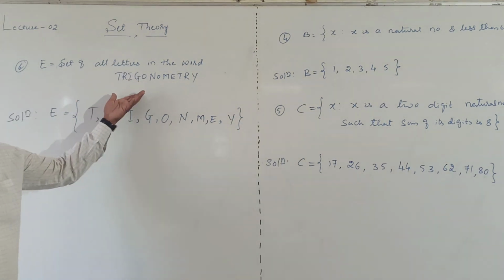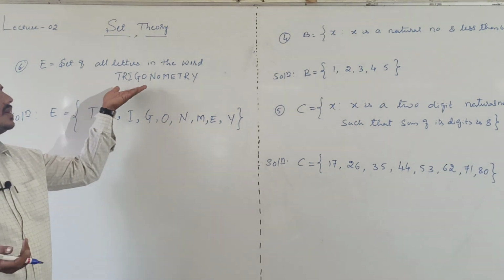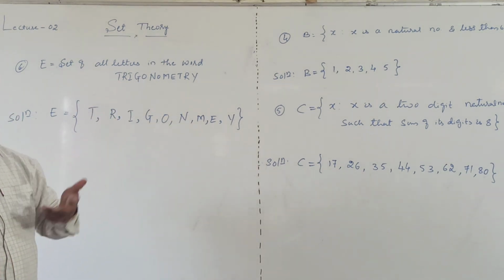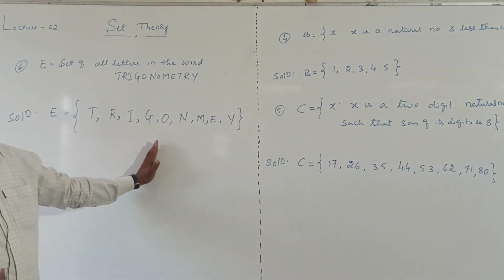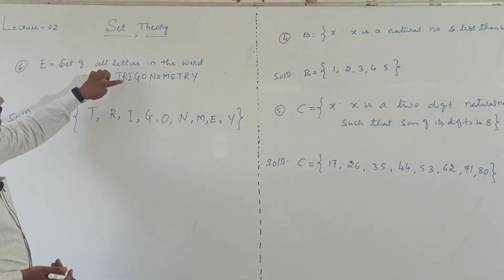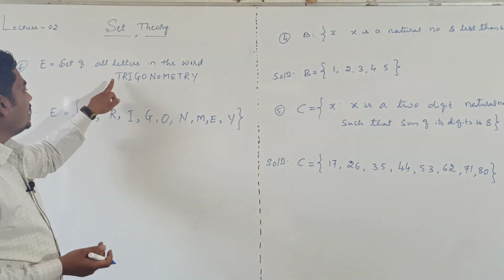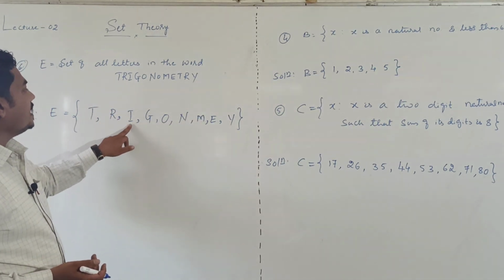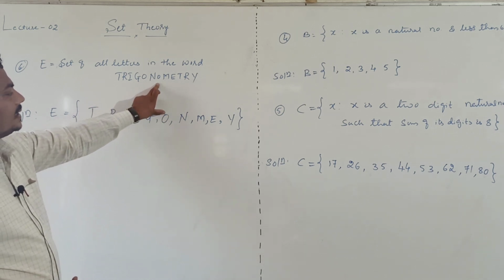This is the roster form of the letters of the word trigonometry. Write all distinct letters: T, R, I, G, O, N. O already written.